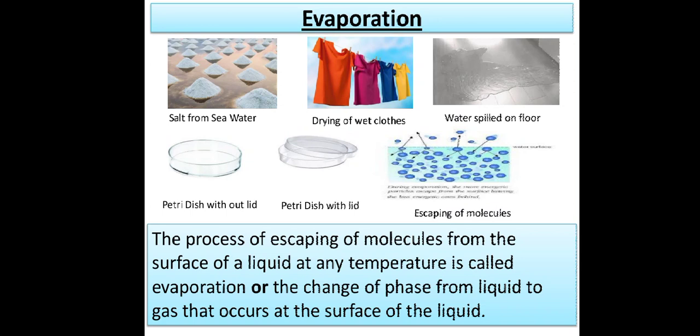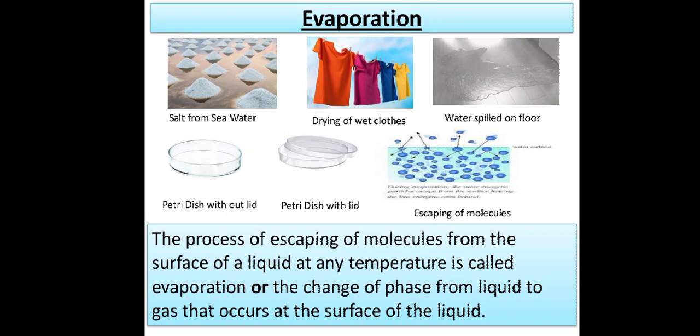During this collision, they transfer energy to other molecules. When the molecules inside the liquid collide with molecules at the surface, the surface molecules acquire energy. When they acquire energy, the force of attraction between the molecules decreases, so they try to escape into the atmosphere.